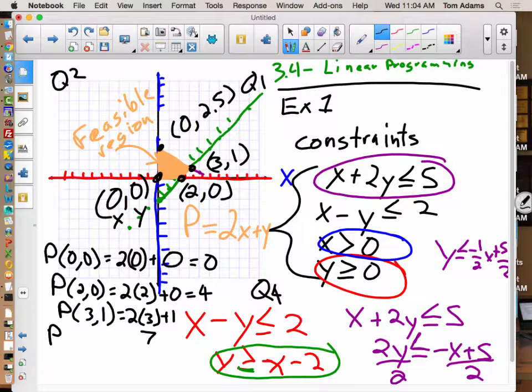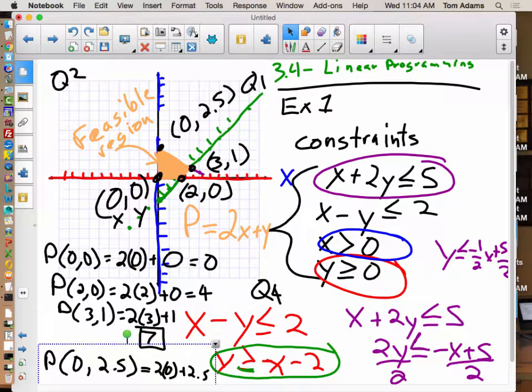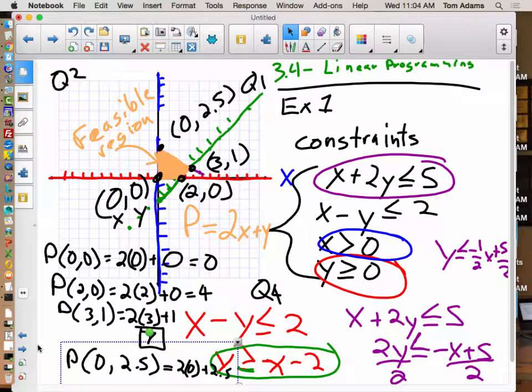And then for the next one, p of 0, comma 2.5, which would just be 2 times 0 plus 2.5, which is just 2.5, right?